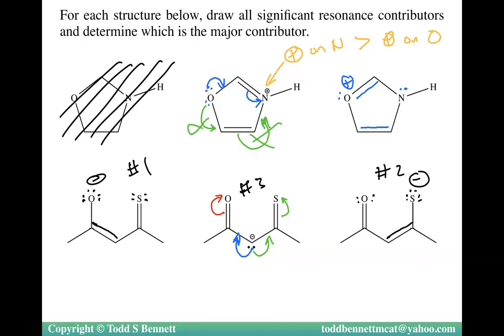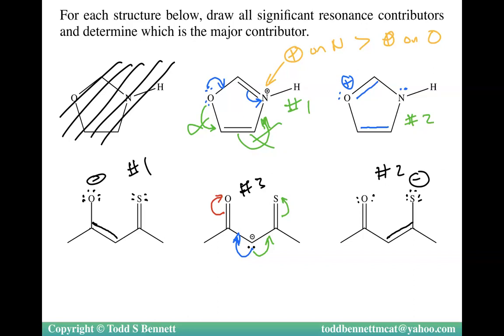So oxygen can take a negative, sulfur can take a negative, carbon doesn't really want to get the negative. Okay, so not bad. So up above, I should just reiterate that number 1 was what we started with. And number 2 would make the positive charge on oxygen for the upper one not as favorable.